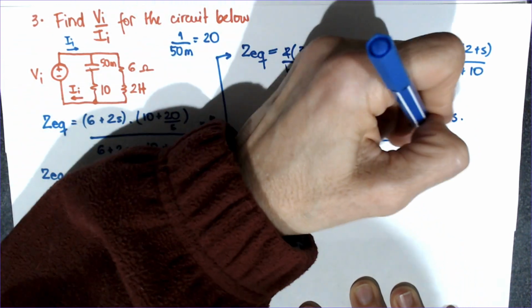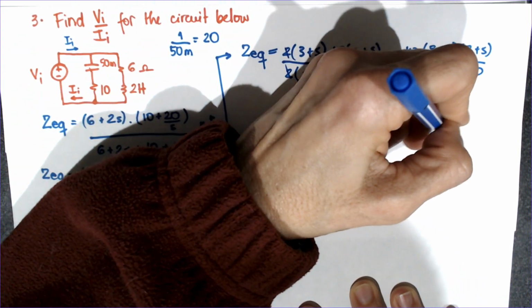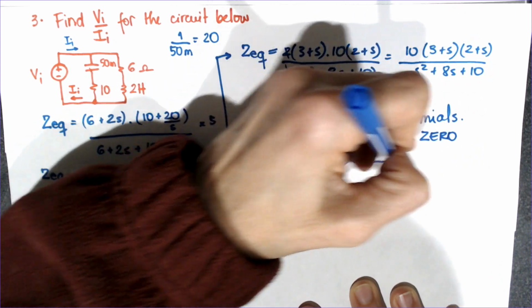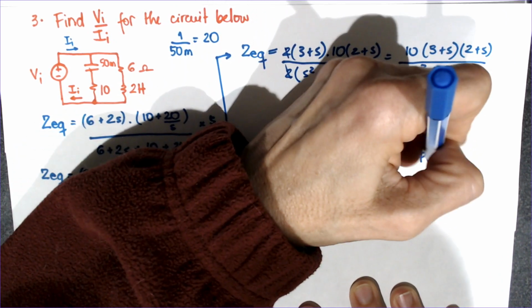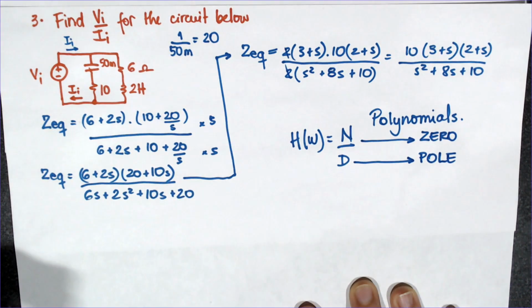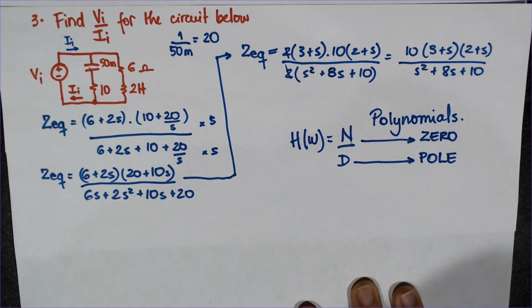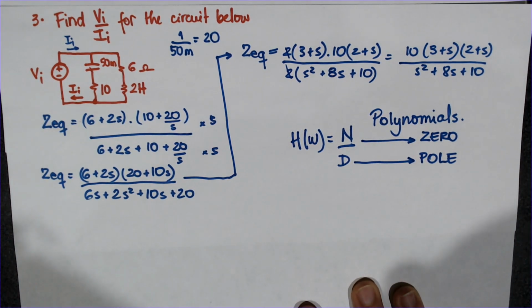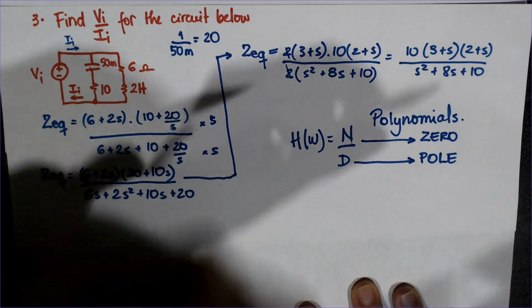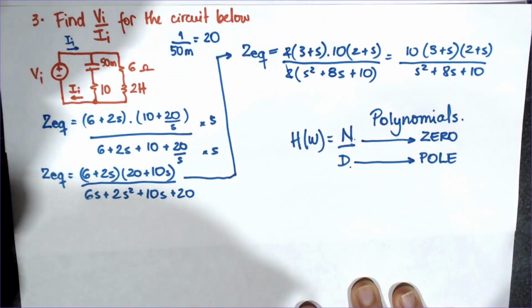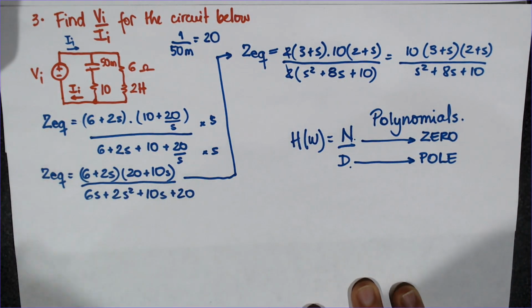The roots of the numerator will give me the zeros of this function, and the denominator will give me the poles of the function. So very soon when we learn how to put together Bode plots, we're interested in knowing both the zeros and the poles to know how to draw those plots. For now, it's just a definition for you.